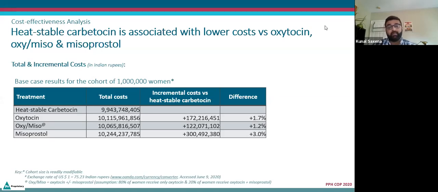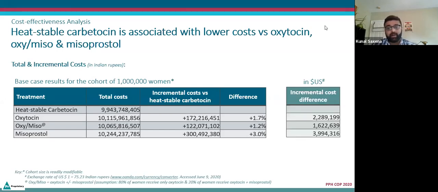So heat-stable carbetocin essentially was associated with lower total costs compared to oxytocin, oxy-meso, and misoprostol. And in the dollar amount, this total cost difference is reflected on the extreme right of the slide, where we can see the incremental cost difference amounted from $1.6 million to 3.9, or almost $4 million, in additional costs compared to heat-stable carbetocin.